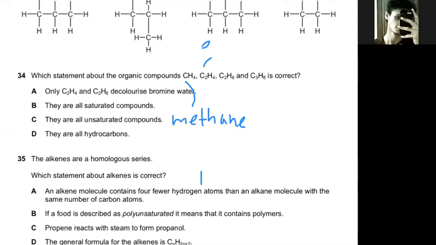C2H4 is ethene. C2H6 is ethane, and C3H8 is propane.